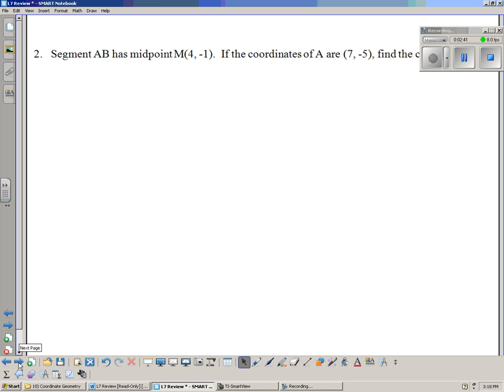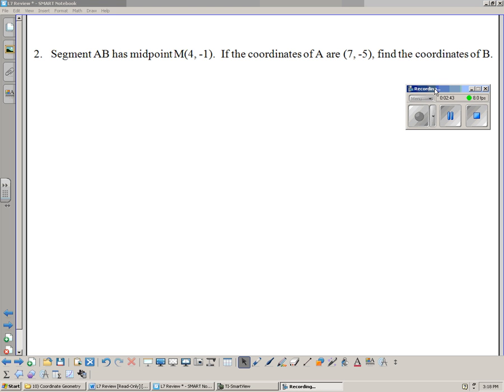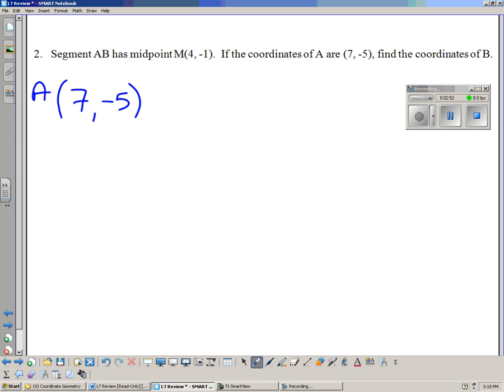All right, next question. We have segment AB that has a midpoint, and we know A is 7, negative 5, and we'd like to find B. We're given a midpoint. There are other ways to do this, but I showed you this way. List them in order, and you'll be able to figure out B. You have to be able to figure out what's going on. So from 7 to 4, you're going down 3.